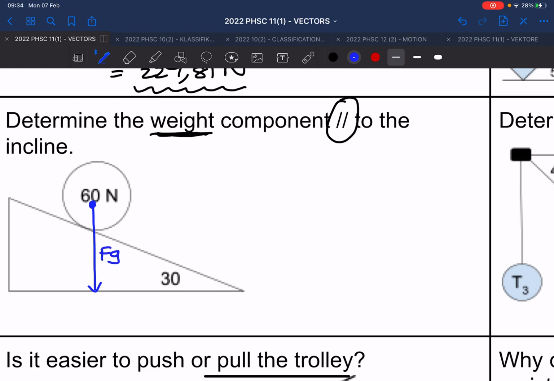Okay, then you want to split Fg into its perpendicular components. The one is parallel to the incline, the other one is perpendicular to the incline. So you start with the perpendicular. You put your ruler perpendicular to the incline, like that.